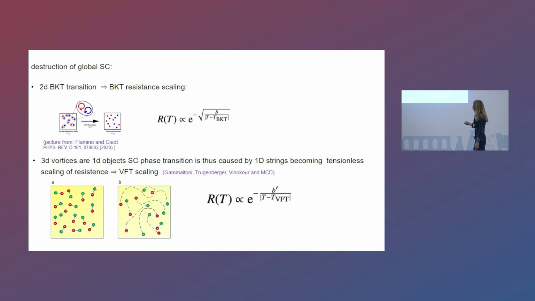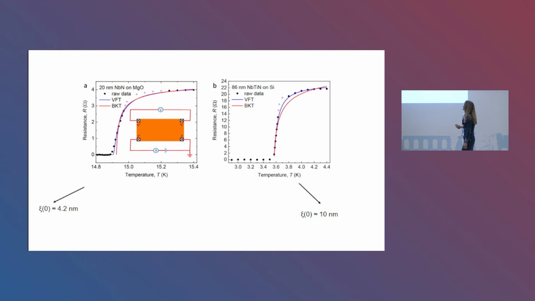And this scaling has been observed experimentally by the group in Taiwan. So here is the experiment done on niobium nitride of 20 nanometers of thickness with coherence length of 4.2 nanometers. And this is a similar experiment done on a thicker sample of niobium titanium nitride with the thickness of 10 nanometers, coherence length of 10 nanometers.